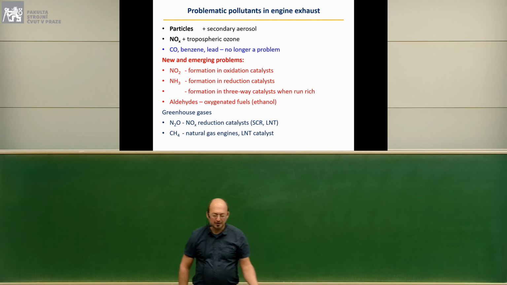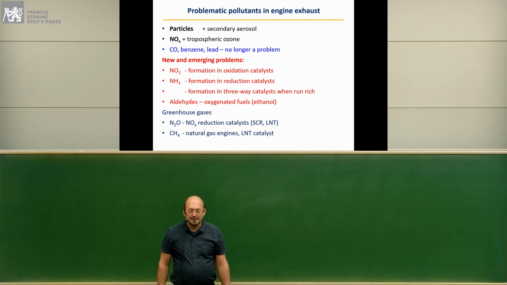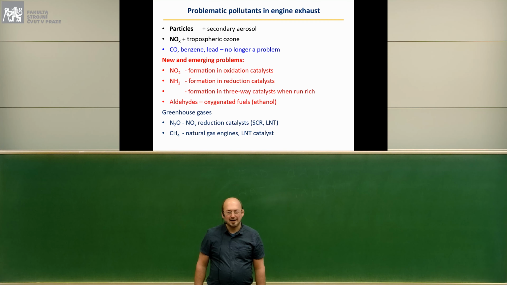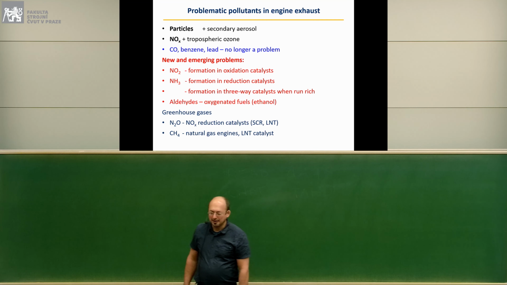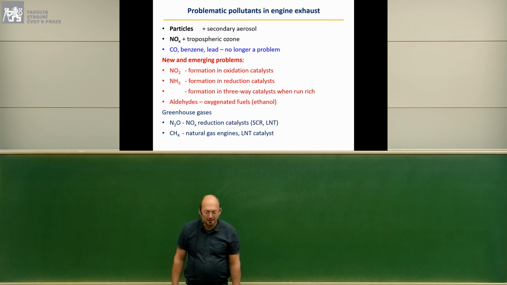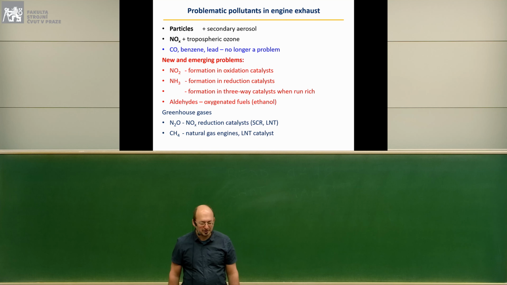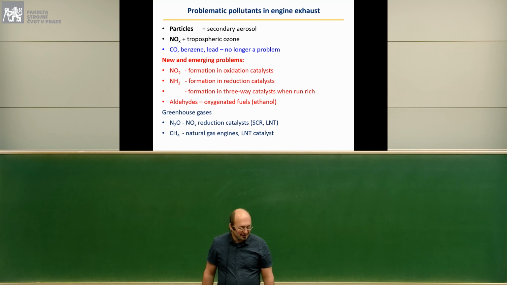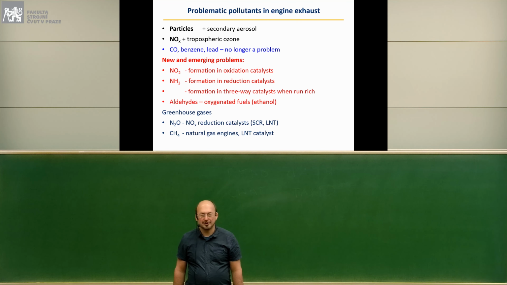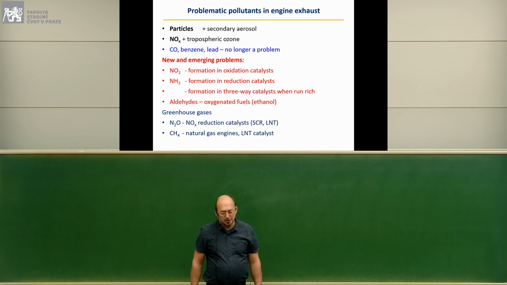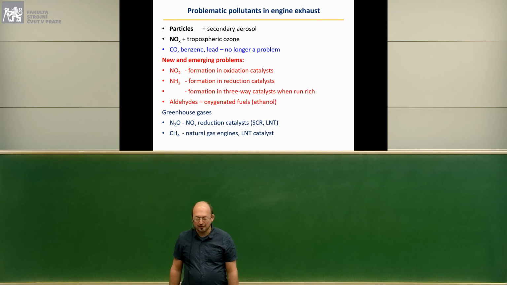That's called secondary aerosol. Then we have nitrogen oxides that originate from atmospheric nitrogen and oxygen under high temperatures and pressures in the combustion chamber, and tropospheric or ground level ozone, to which nitrogen oxides are one of the three necessary ingredients.